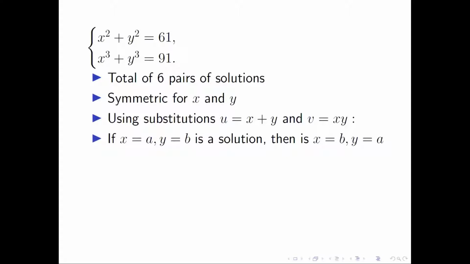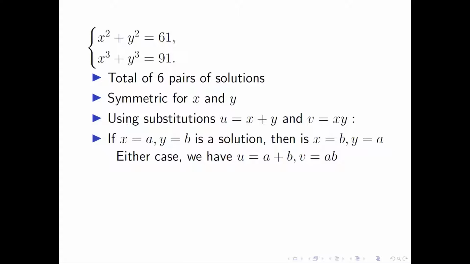For example, if x equals a, y equals b is a solution, then x equals b, y equals a is also a solution. That means in either case, we have u equals a plus b, or b plus a, and v equals ab, or ba.